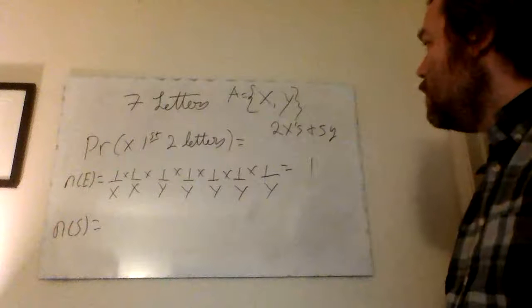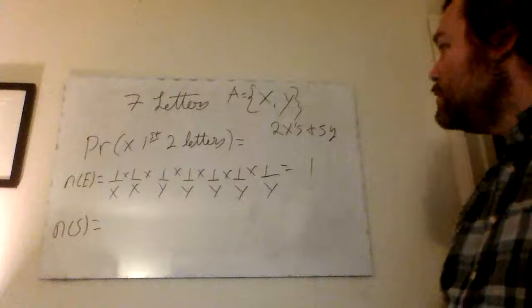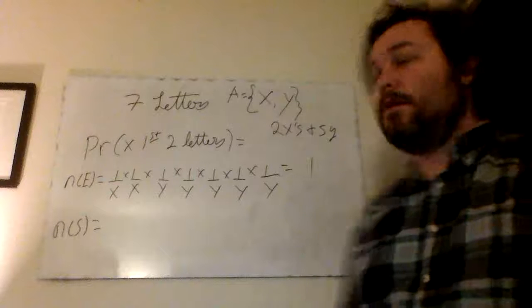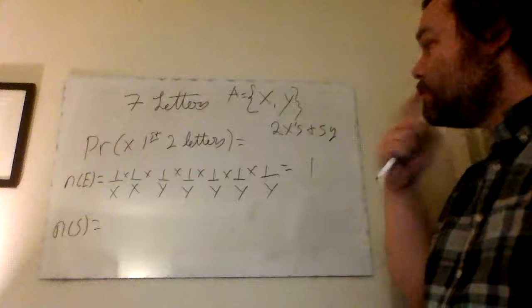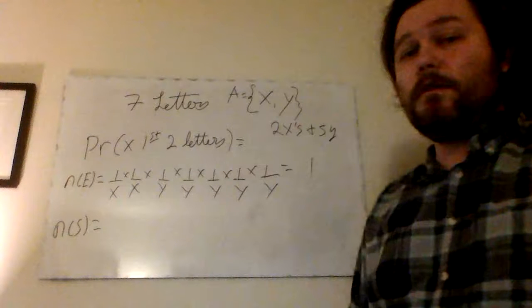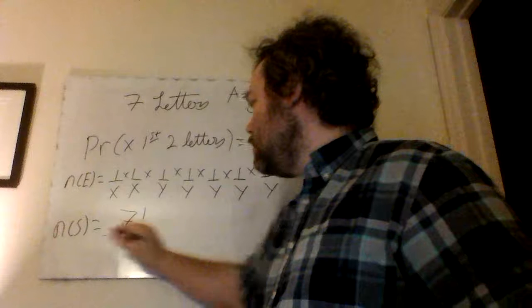So this is actually the same as the Mississippi problem, because there's no uniqueness between the X's. Okay? An X is an X. So what you can actually do is you can say, well, if they were all different, it would just be 7 factorial. Okay?